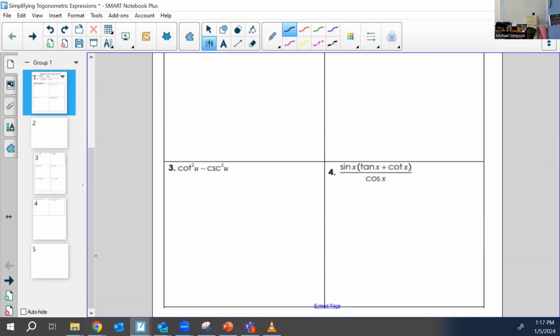Exactly. So it is cosine square over sine square minus, how can I rewrite cosecant? 1 over sine square, right? Okay, you have 2 fractions. What are you going to do?